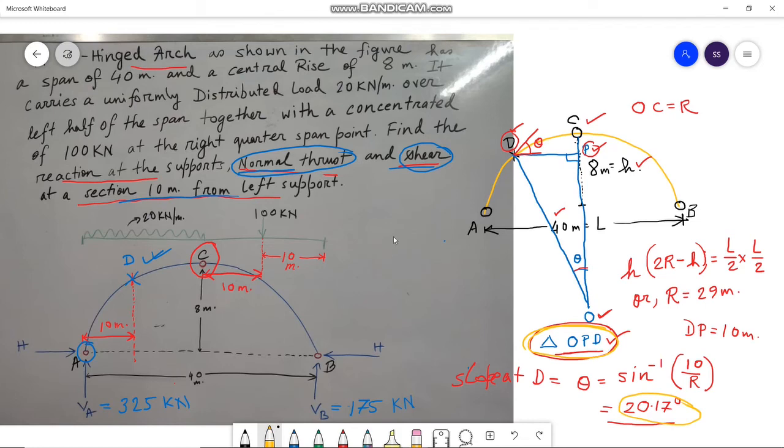Let me remind of one point, that dp equals 10 meter. So how did we get dp equals 10 meter?